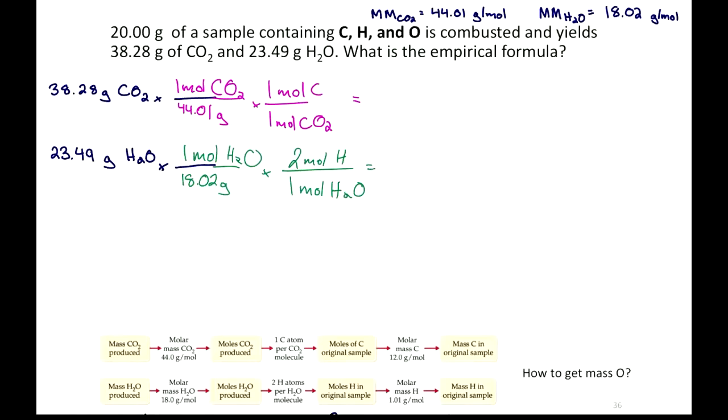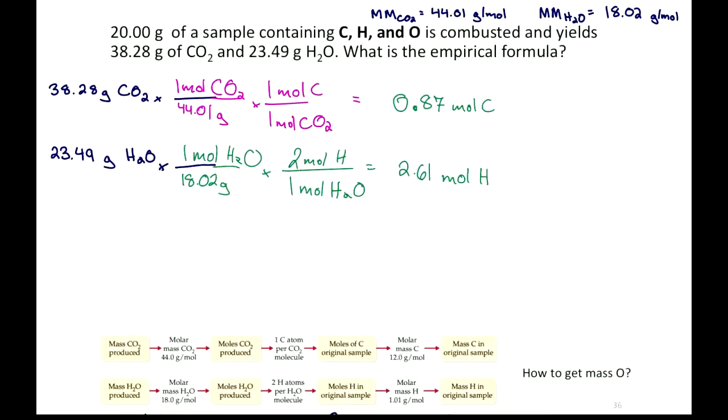So I started this question the exact same because I need to get moles of carbon and moles of hydrogen for my next step. So I'm just going to quickly put that into my calculator here. And I see that this sample originally had 0.87 moles of carbon and 2.61 moles of hydrogen.